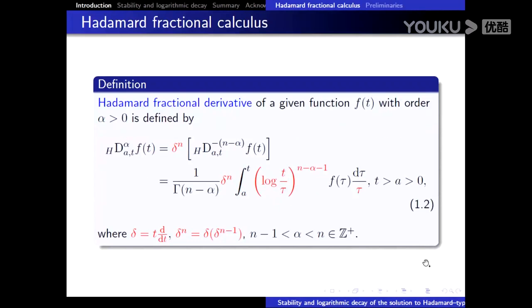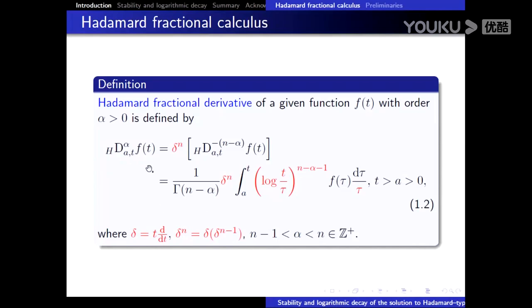From the above definition, we can define its derivative like this, for alpha bigger than n minus 1, but less than n. And this is delta, and delta n is defined like this.